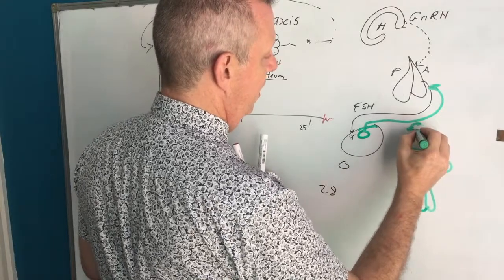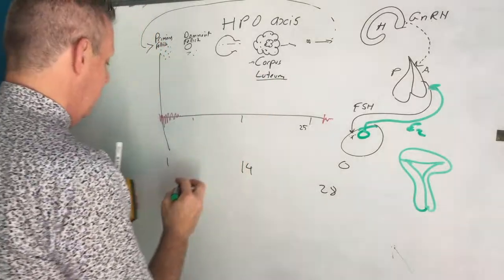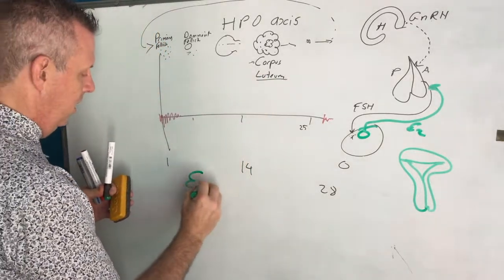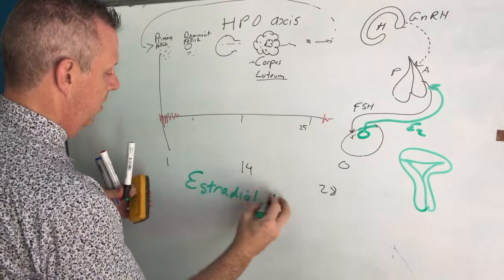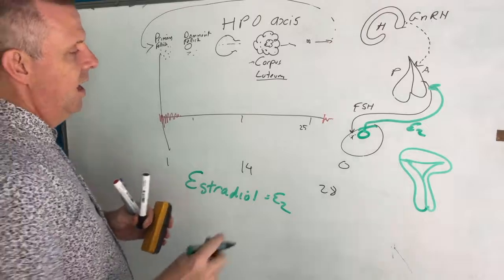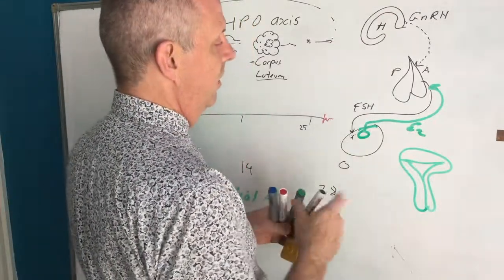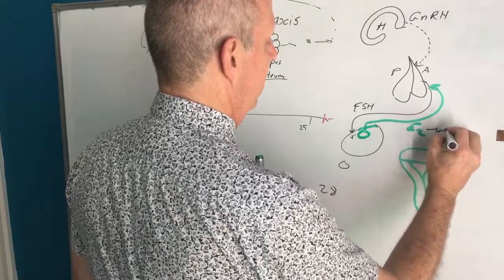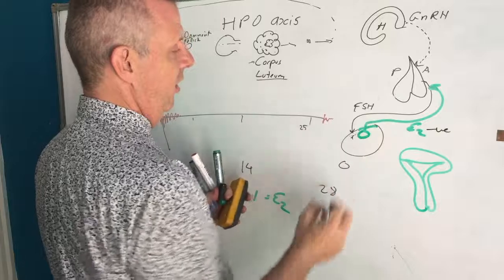So estrogen, the term is estradiol. I'll just write that down for you. Estradiol, which equals E2. And that gives negative feedback to the pituitary gland.